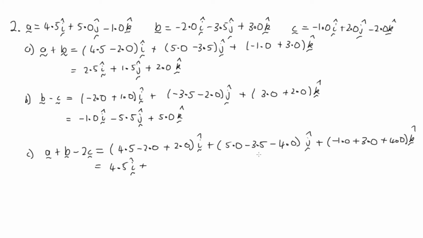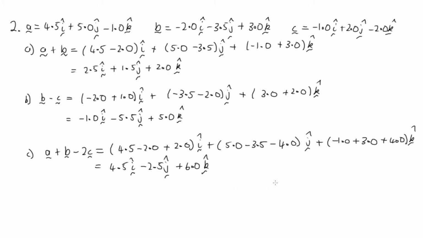And then we're subtracting off 4, so that gives us minus 2.5j. And then in the k direction, we've got minus 1 plus 3, so that's 2 plus 4. So that gives us 6k.